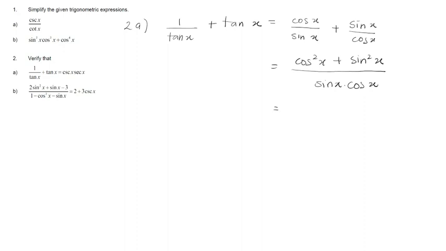So we have 1 over sin x cos x. And this is equal to 1 over sin x, referring to cosecant x, times 1 over cos x, which is secant x. So we verify this equation. So you solved question 2a.